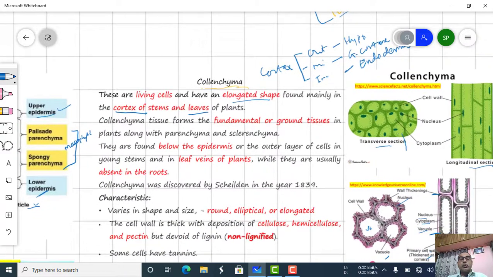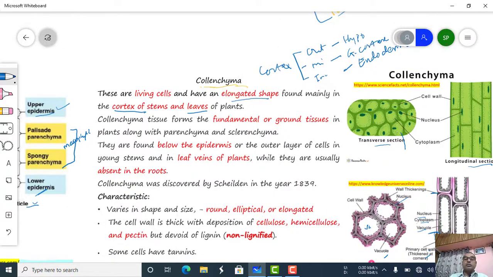So the collenchyma is found mainly in the cortex of the stem, here the outermost cortex, generally in the hypodermal region, and it is also present in the leaves.